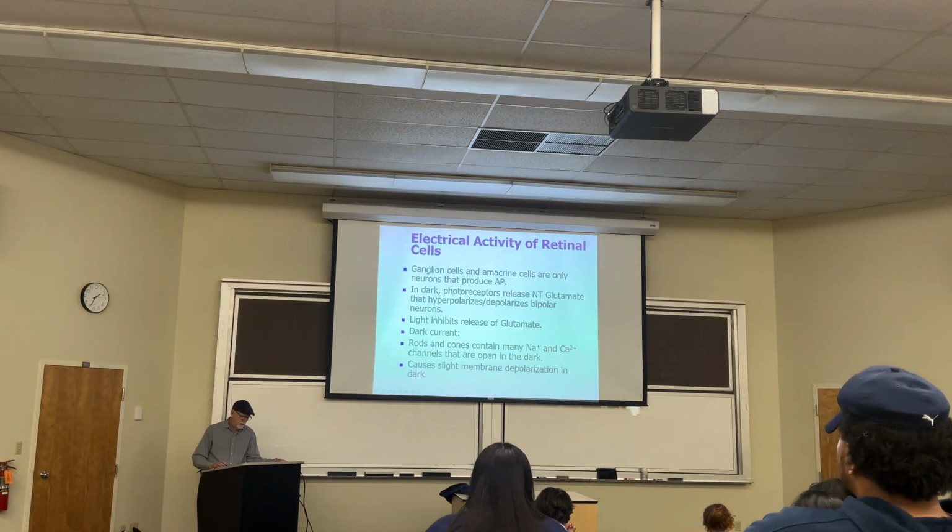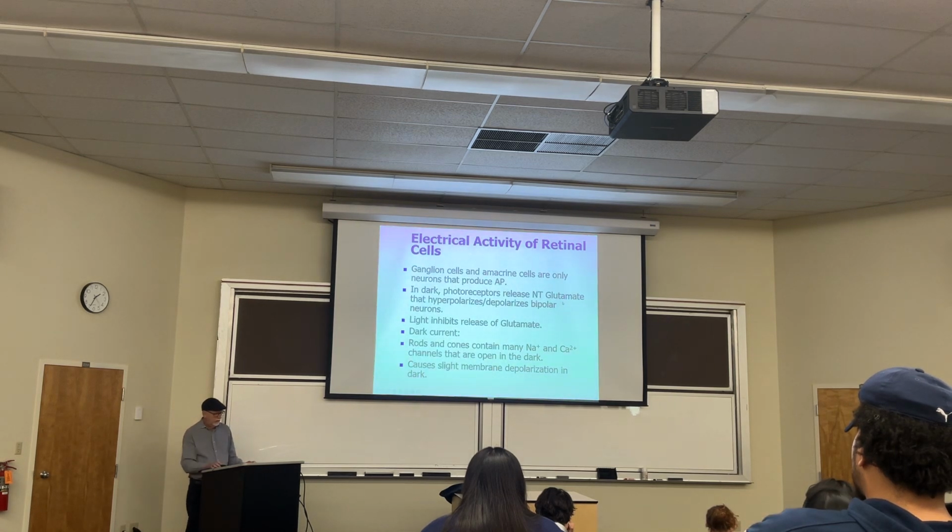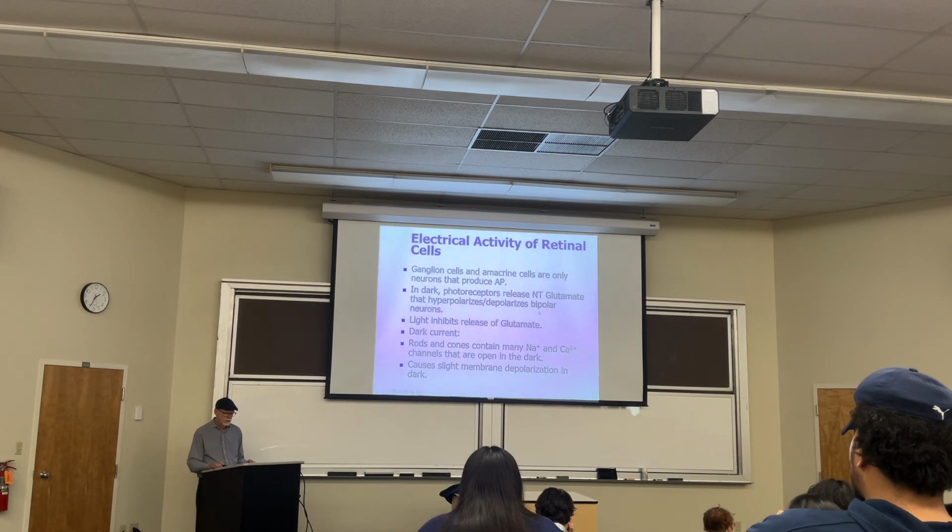In the dark, photoreceptors are depolarized and they release the neurotransmitter glutamate. This neurotransmitter glutamate can either hyperpolarize or depolarize bipolar neurons, depending on their type, depending on the type of glutamate receptor that they have and which ion gates they open.